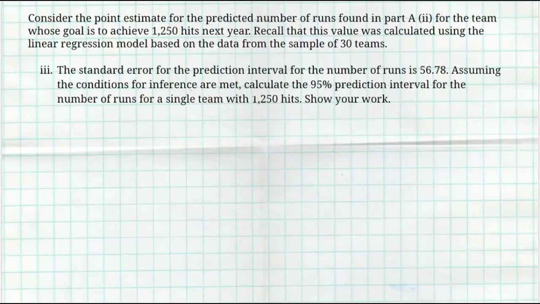Okay. Now, in part 3, they say the standard error for the prediction interval for the number of runs, not the mean number of runs, the number of runs, is 56.78. Assuming the conditions for inference are met, calculate the 95% prediction interval for the number of runs for a single team with 1,250 hits. So once again, we're going to use that same formula.